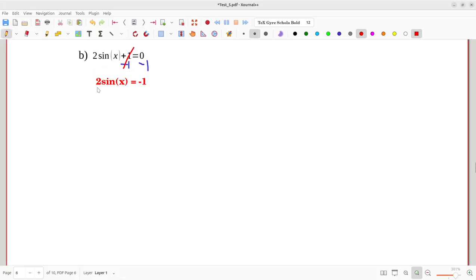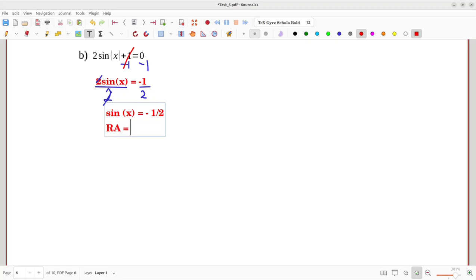You are going to divide both sides of the equation by 2, so that these 2 cancel, and then you are left with sine x is equal to -1/2. Then let's find the reference angle.